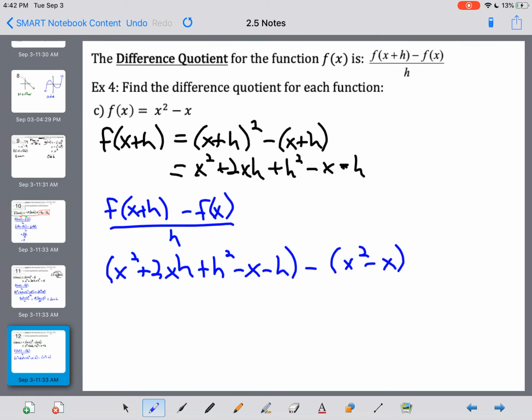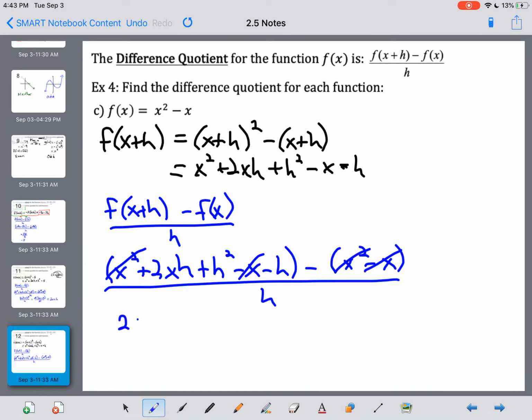So I end up getting a couple of things to cancel out. I've got x squared minus x squared, so those cancel. And then I've got negative x minus negative x. So that would be the same as negative x plus x, so those cancel. And that's still all over h.